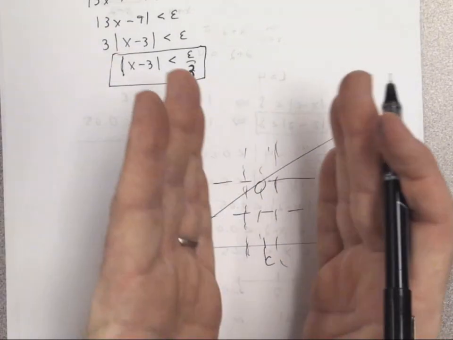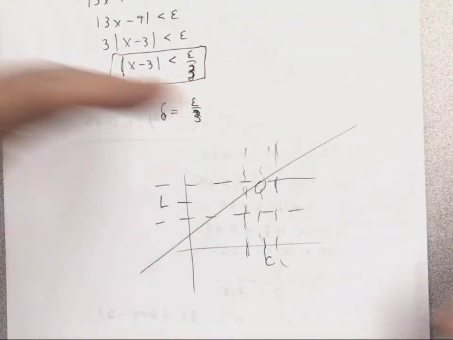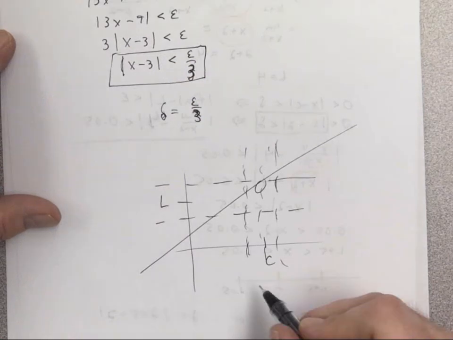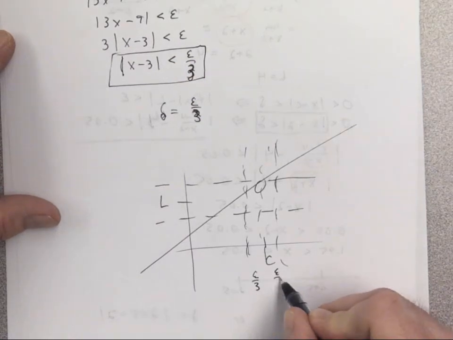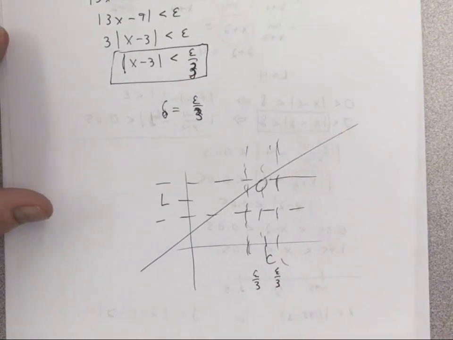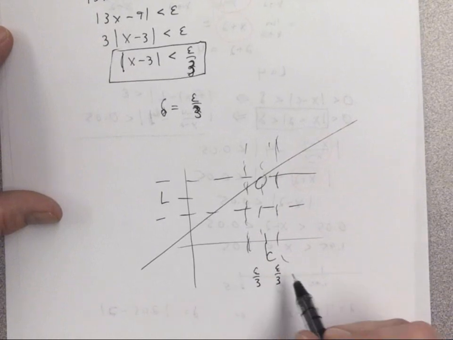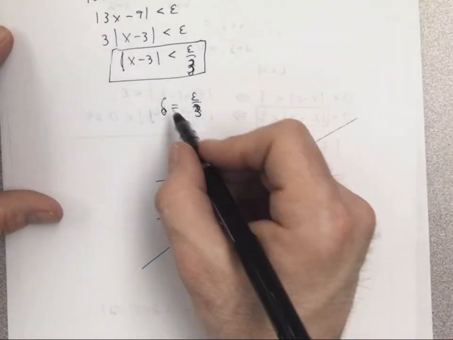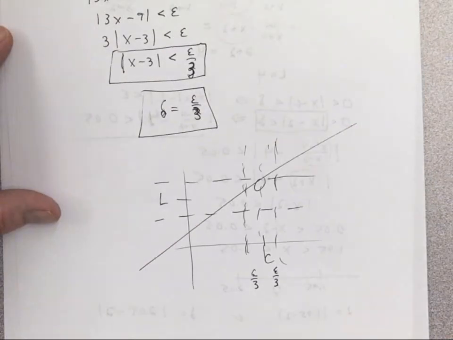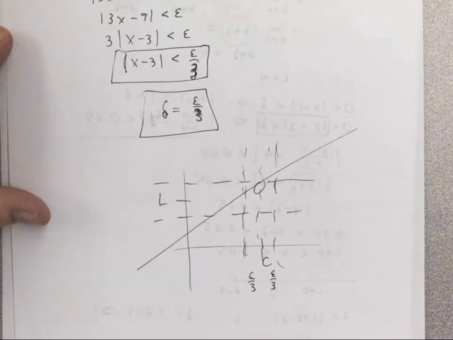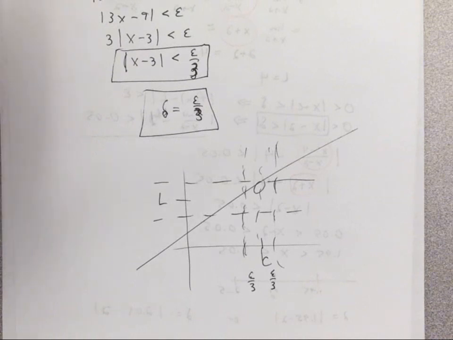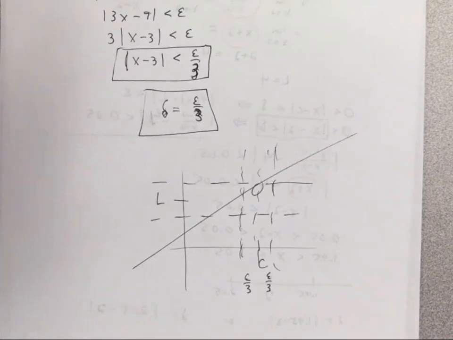That's the idea, that as it shrinks horizontally, it has to shrink vertically, right? So this is epsilon over 3. If epsilon gets really small, what's going to happen to delta? It's going to get really small, right? It's going to be a third as big. You guys agree? So as this gets small, then this gets small. So that's the proof of it.